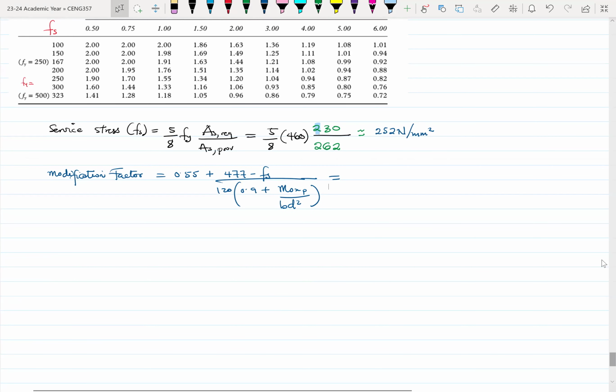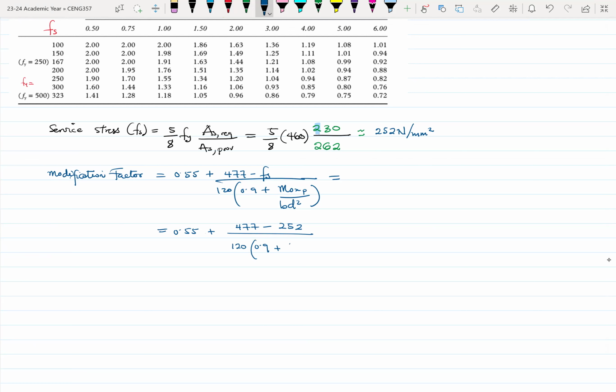So here we end up with 0.55 plus (477 minus 252) over 120 times (0.9 plus 13.1 times 10 to the 6 divided by 1,000 for the width of the slab times 150 squared).